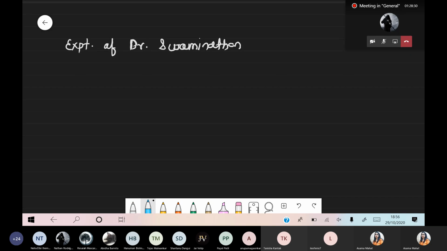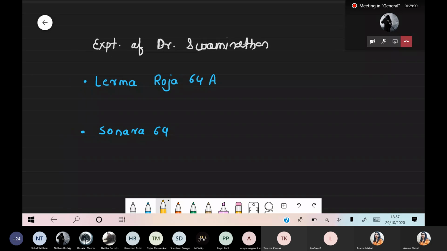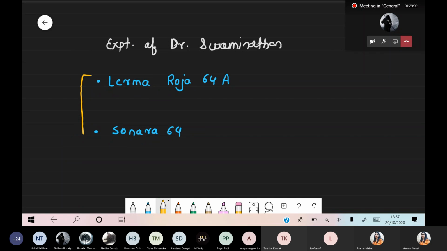Now we are taking two wheat varieties. Number one, Lerma Rosa 64A, and the other variety was Sonora 64A. Both are wheat varieties. Sonora 64 is also a wheat variety, and Lerma Rosa 64 is a wheat variety. Both are wheat varieties. Now they have a unique property.